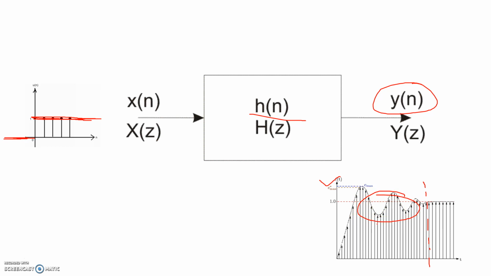Here comes the concept of transient response and steady state response. In the unit step input, at n equal to 0 there is an abrupt, sudden change in the input.